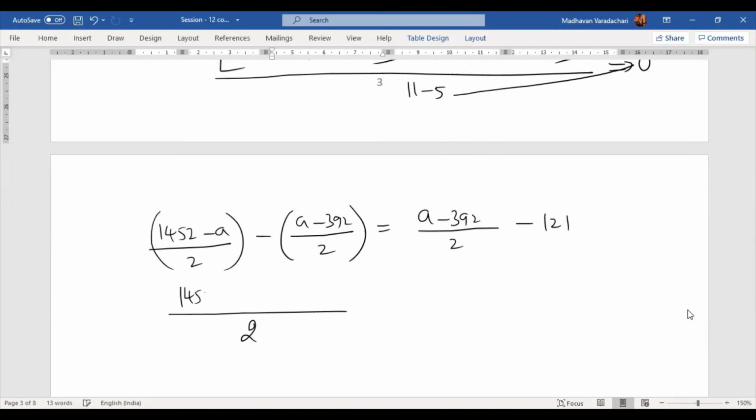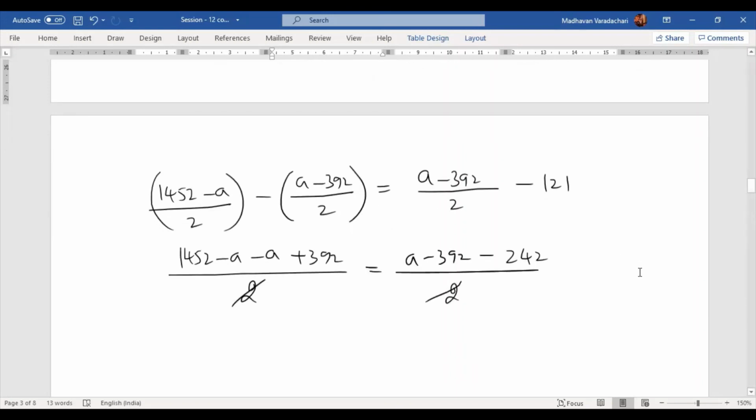It will become 1452 minus A plus 392. Here the LCM is 2: A minus 392 minus 242. I can cancel these two. So here 1452 plus 392, you get 1844 minus 2A is equal to, here 392 and 242 get added, you get A minus 634.